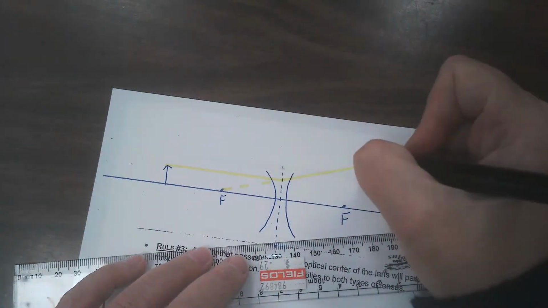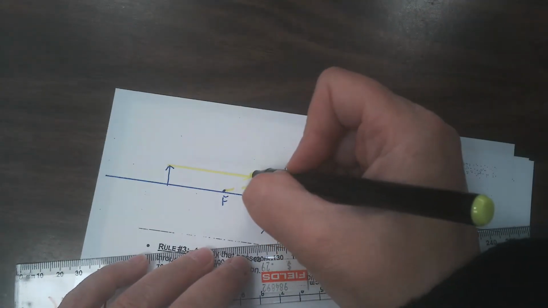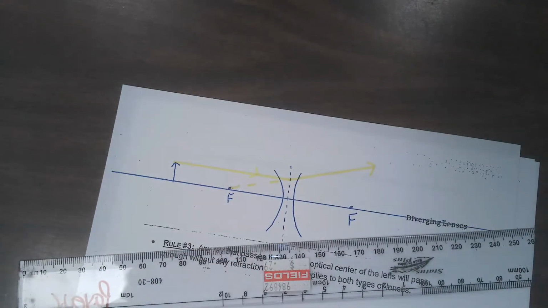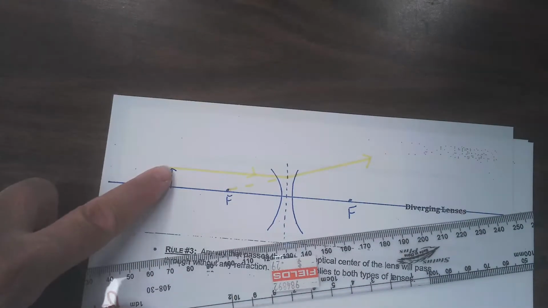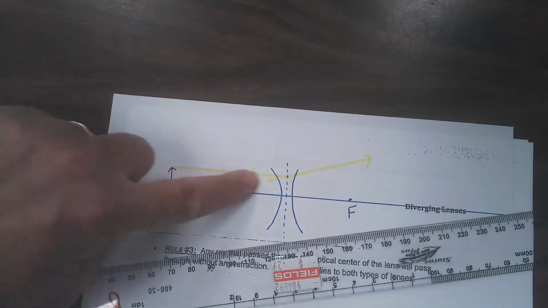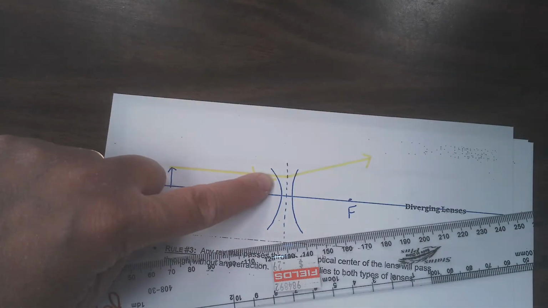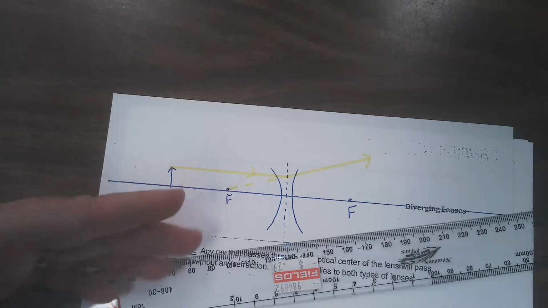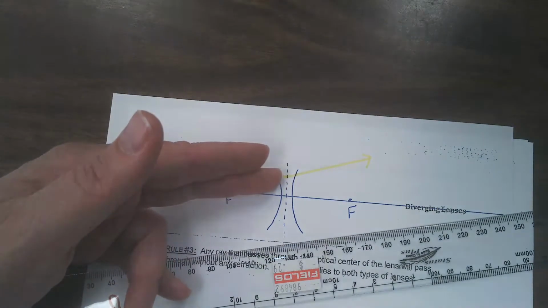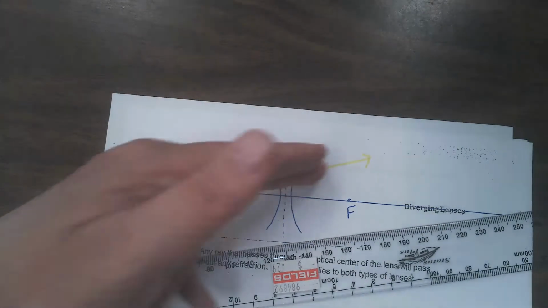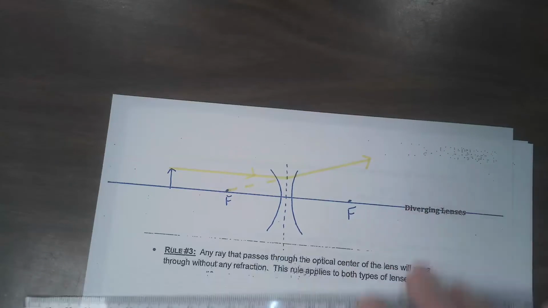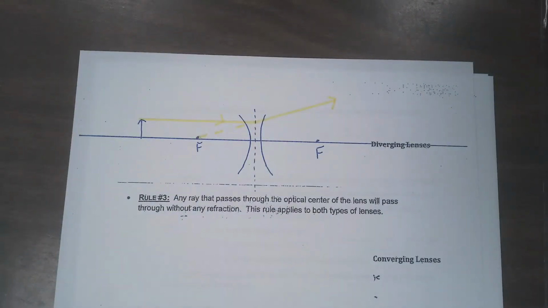Okay, so it's going to go out this way. So you take it from the tip of the object, you go to the diverging lens. From the focal point, you meet up where it meets the principal plane, and then you extend it beyond the lens. No purple line, only a yellow line.